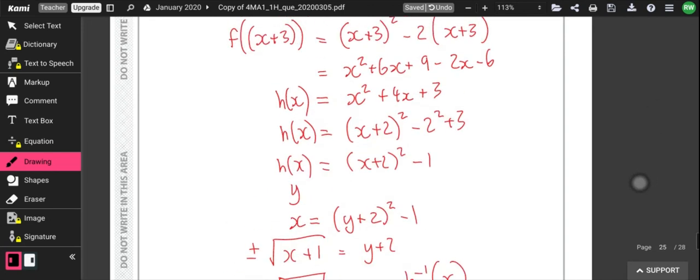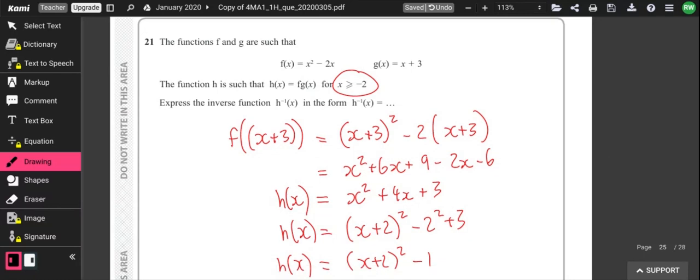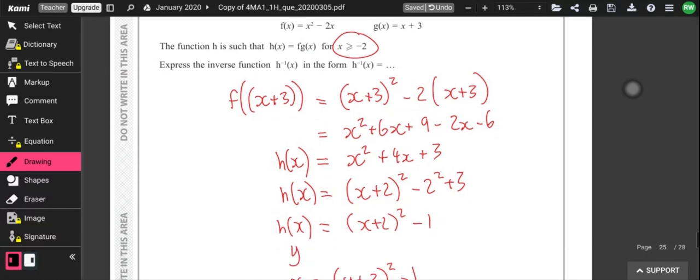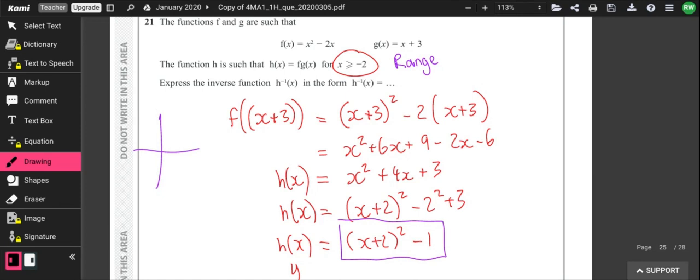Okay, we have to be a bit careful with this plus minus because we've got a restriction on the domain here. So the domain of h is going to be x is greater than or equal to negative 2. So when we do the range, if I just go in a bit more detail here, the range of h of x, which when we completed the square here, tells us that our curve, if we sketch it quickly, is going to do something like that.